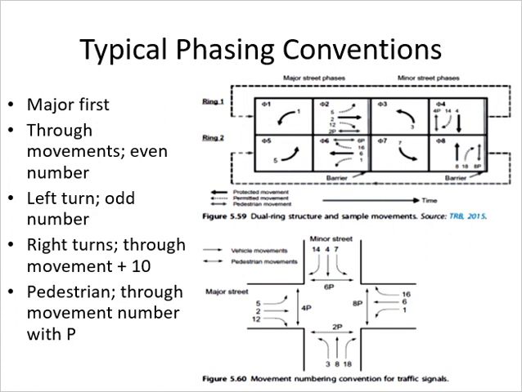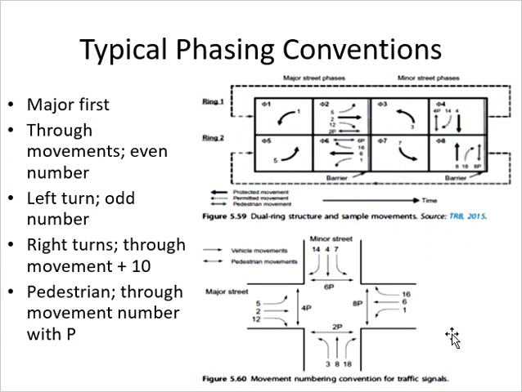If it is a straight movement, you will give it an even number, and the right turning of that one will be its number plus 10, and the left turning will have an odd number. So you start from 1, but if it's a straight movement, instead of 1 you put 2 for the major movement, and then its right turning will be plus 10. So if it is 2, then the right turning will be 12, and so on.